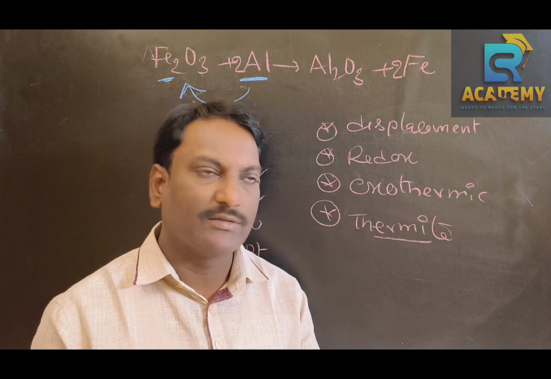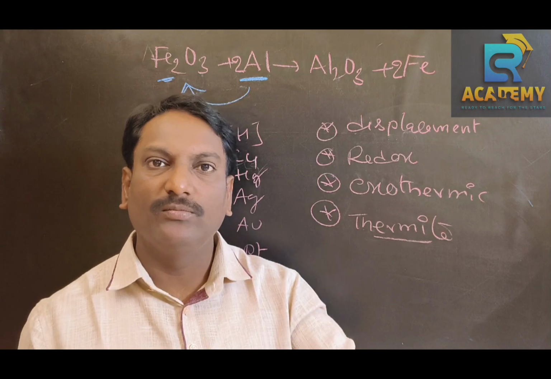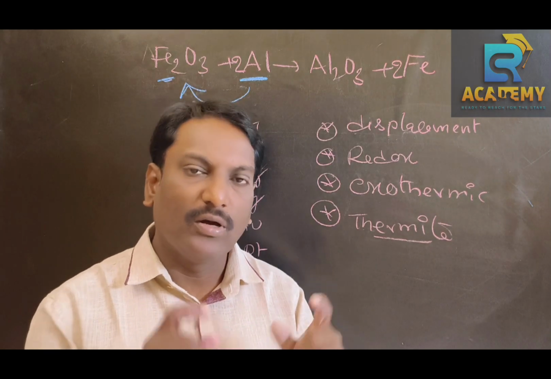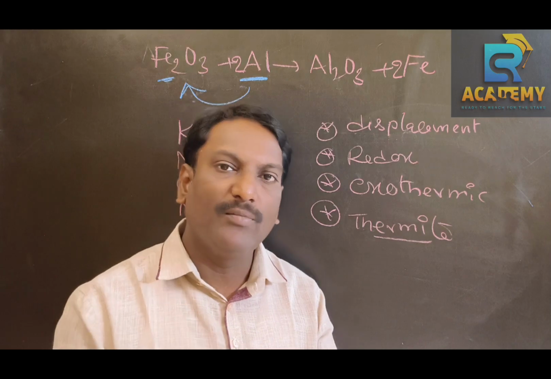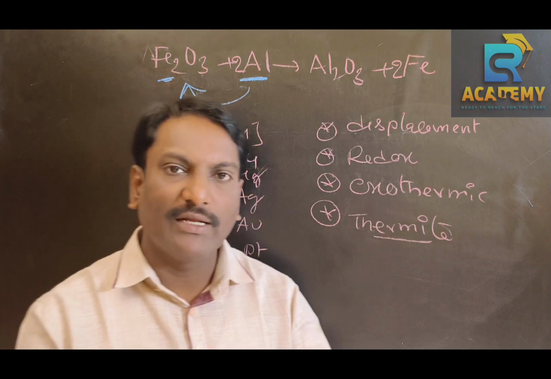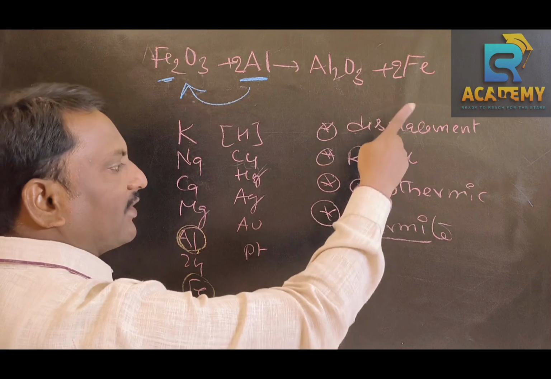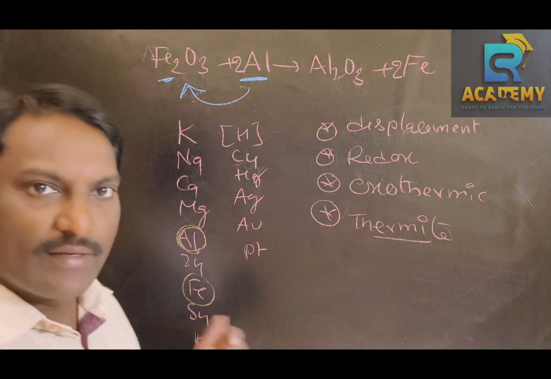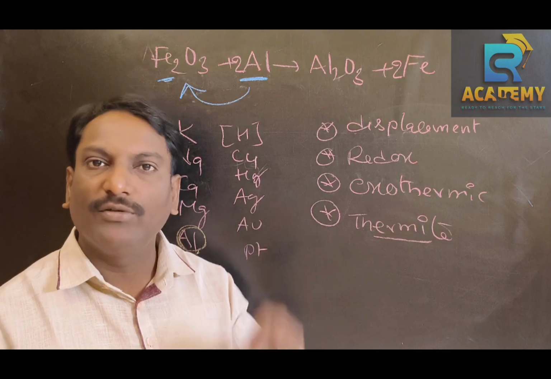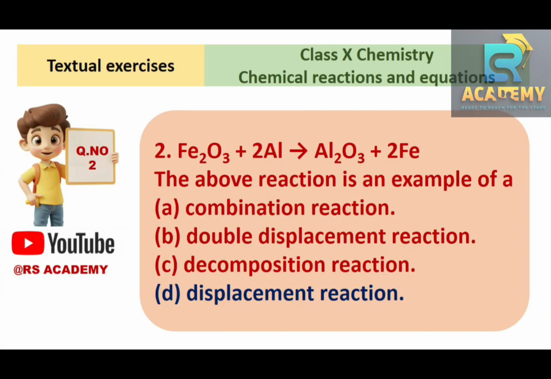Here you will get molten iron, which is filled into the cracks of machinery parts and used to join the railway tracks. So it is a displacement reaction, redox reaction, exothermic, and thermite reaction. But according to the given question, the answer will be displacement reaction. Make a note.